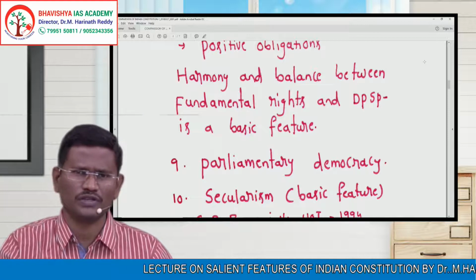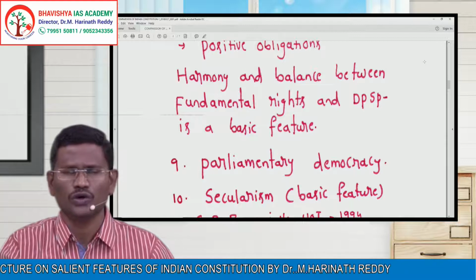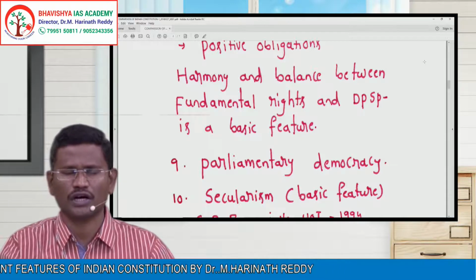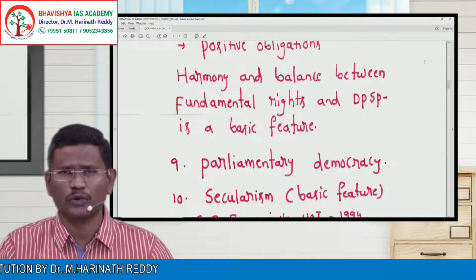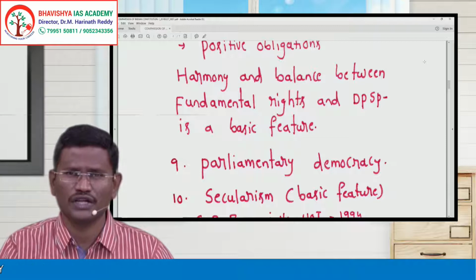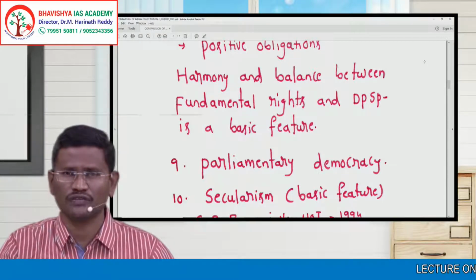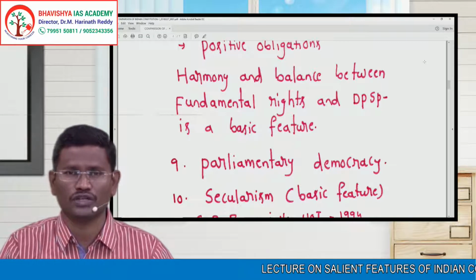So before the framers of the Indian Constitution, there were two options. One is to go for a presidential democracy. The advantage and the merit of presidential democracy is that it is more stable. There is a fixed tenure for the executive branch. Within the fixed tenure, the executive cannot be removed by passing a no confidence motion.